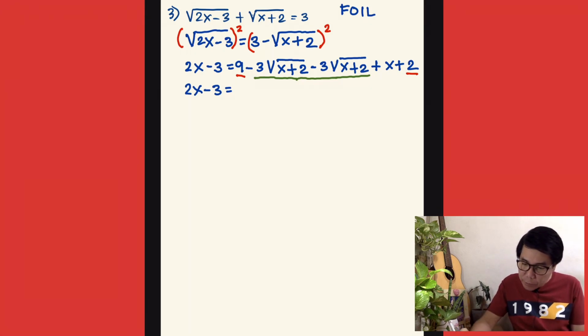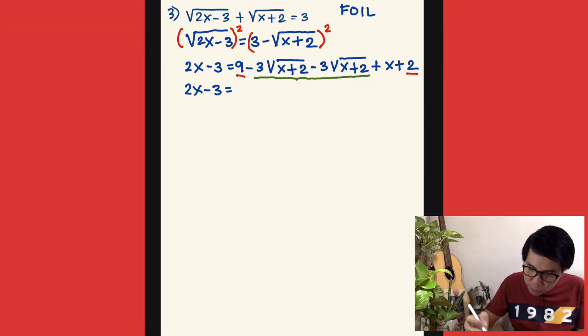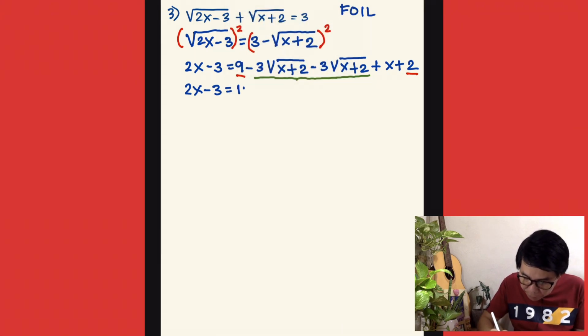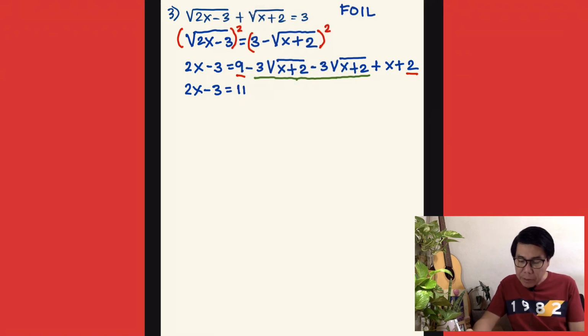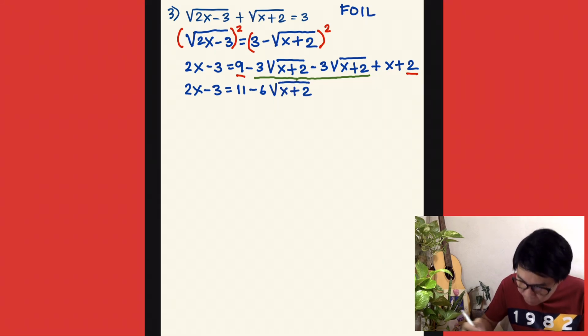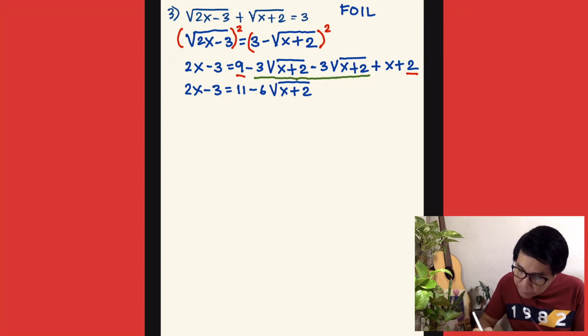So first we add 9 and 2, which is 11. And then negative 3 square root of x plus 2 and negative 3 square root of x plus 2 is negative 6 square root of x plus 2, and then plus x.